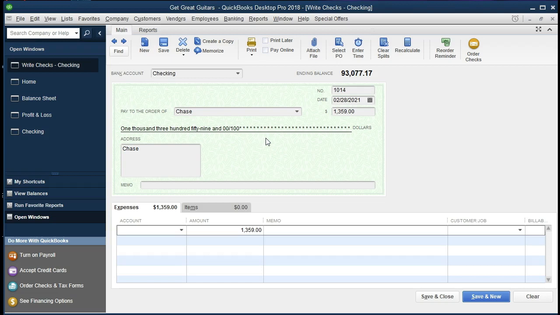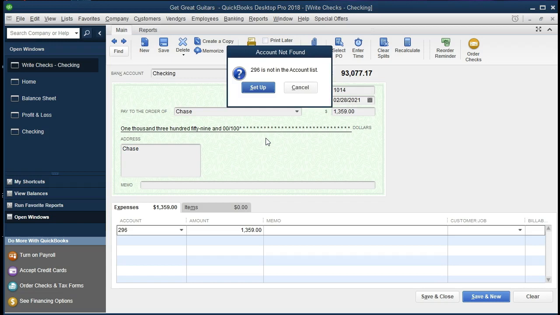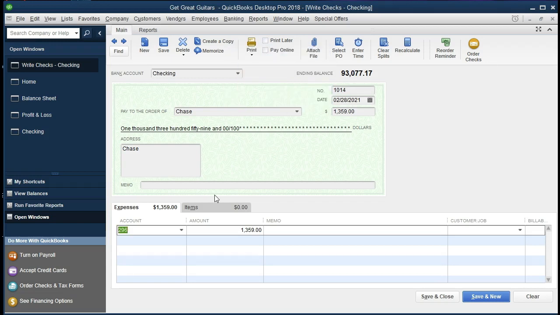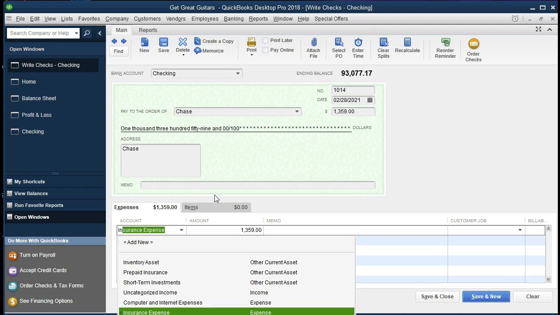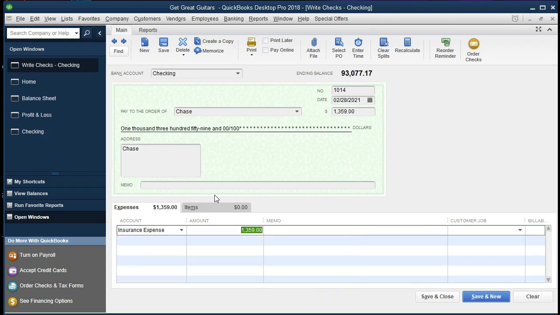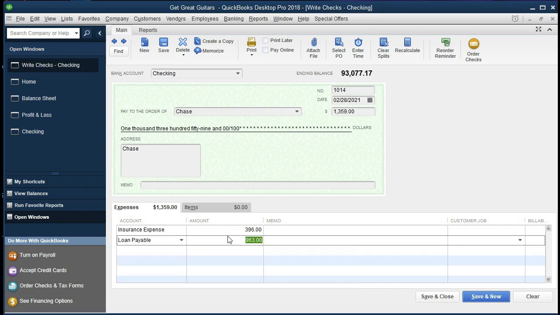So once we have that breakout, we can't just copy the last check, is the point. We have to go back to the amortization schedule because that breakout changes. The interest now is only $296 on the account interest expense line, and the principal for the loan, the difference, is 1063.